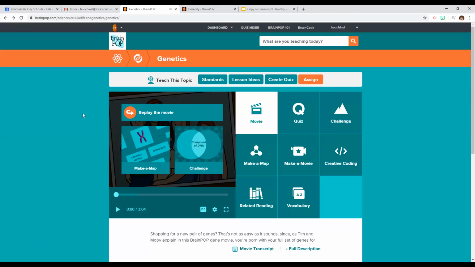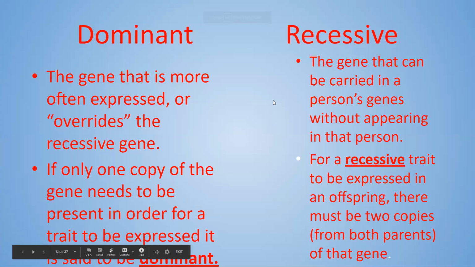All right. So let's go back and discuss some of those vocabulary words that you just saw in the video. So two words that were discussed are dominant and recessive. Dominant is a gene that's more often expressed and it overrides the recessive gene.